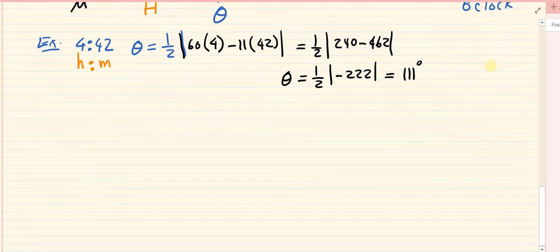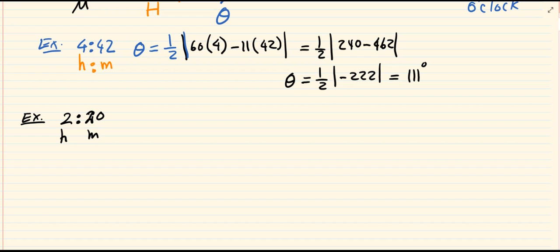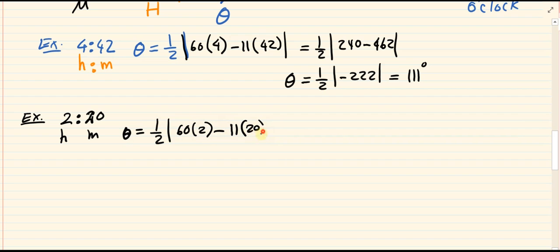Let's take a look at another example. What about, let's say at, I don't know, 2:20. So at 2:20, we want to know the measure of the angle between the hour and the minute hand. Here's the hour, here's the minute. Okay, so theta is 1/2 the absolute value of 60 times 2 minus 11 times 20 equals.